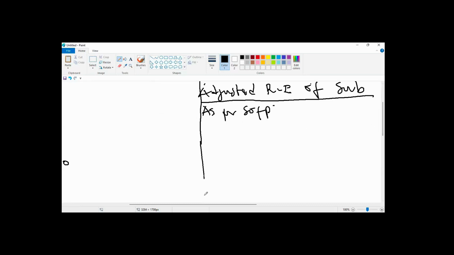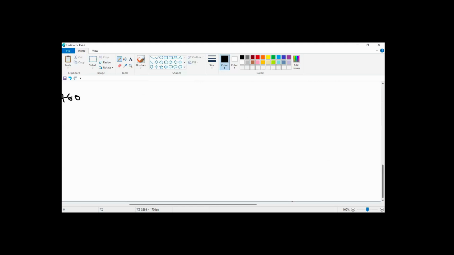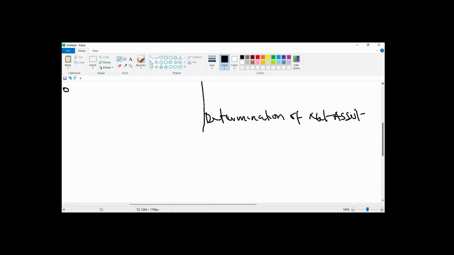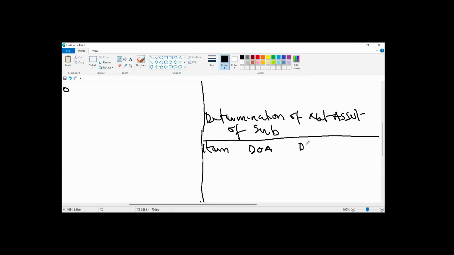Determination of net assets of subsidiary. Items, TOA, TOC.